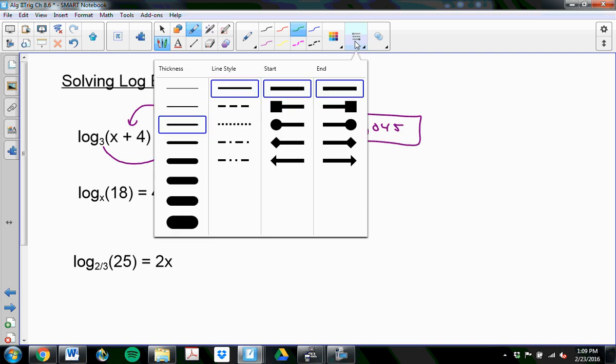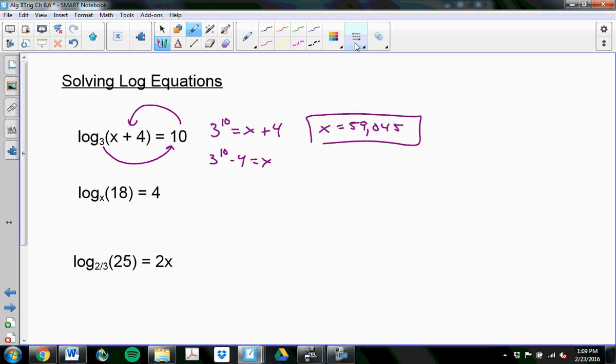Now, a lot of books show this problem differently. They don't show it by doing converting. They show it with doing what's called exponentiating both sides, which basically means since this is a base of 3, I raise 3 to the power of the two sides. So 3 to the log base 3 of x plus 4 equals 3 to the 10. Raise both sides to the power of 3.